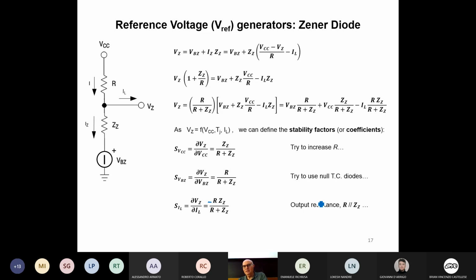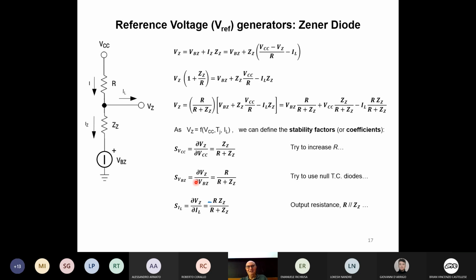This minus means that when the current is increasing, the output voltage is going down. So the minus is correct. The resistance is positive because it is a real resistor.